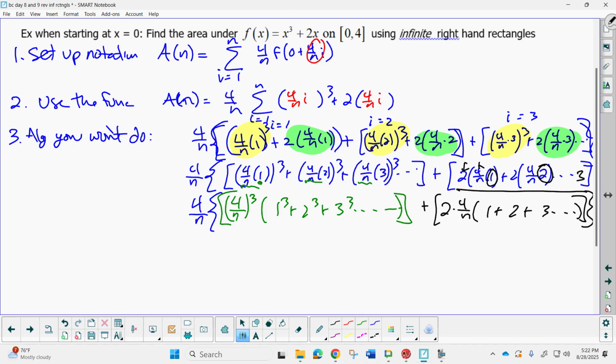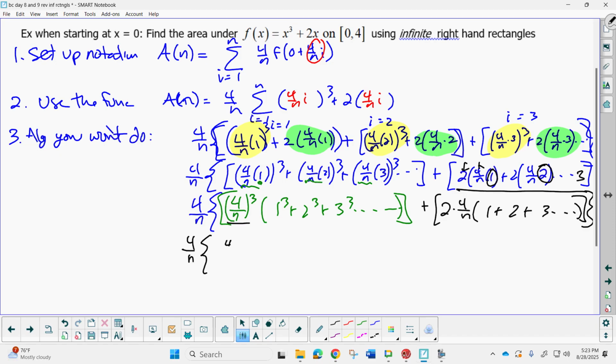Now then, if I wanted to write this a little cleaner, I could say it's 4 over n times, in this summation notation here, I would have a, let me go with a brace there, 4 over n.